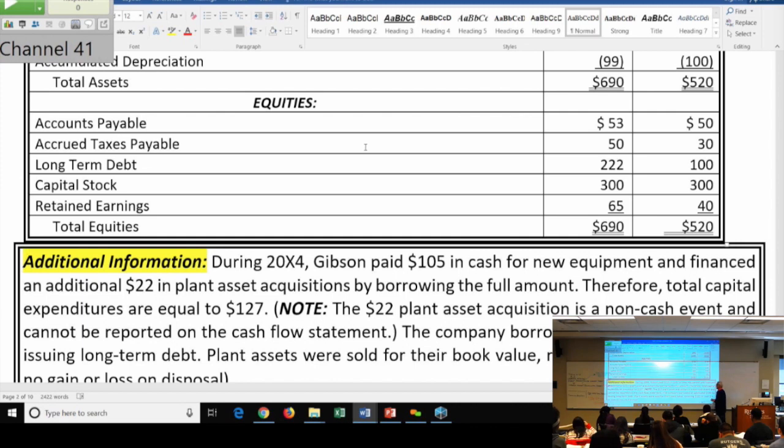So now I'm telling you that Gibson paid $105 in cash for new equipment and financed an additional $22 by borrowing the full amount. So when I look at property, plant, and equipment, well, actually, let me put this in investing activities, because that's what it is.